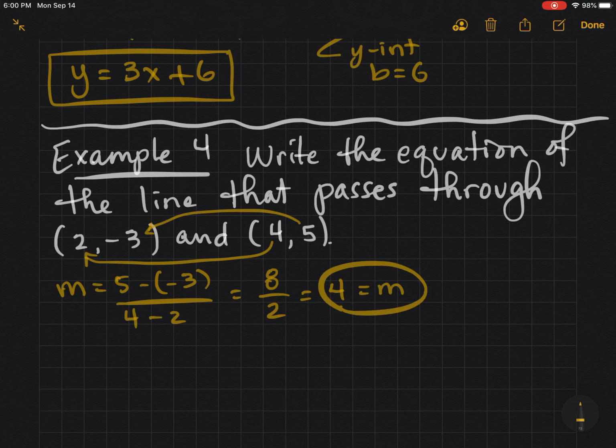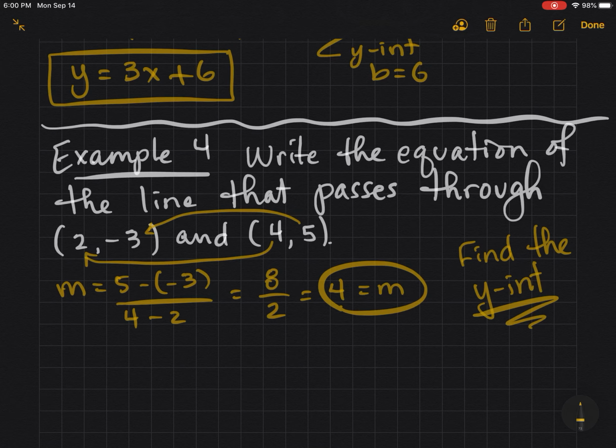And, oh no, we don't have a y-intercept. So now we must find the y-intercept. See, nowhere up here do we have an x equal to 0. So we have to find it.